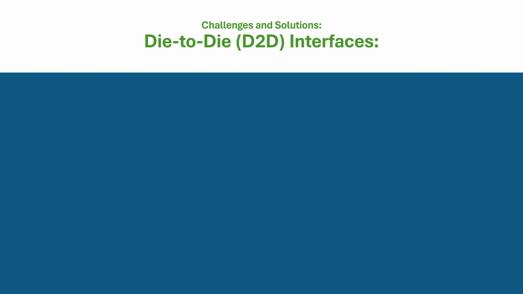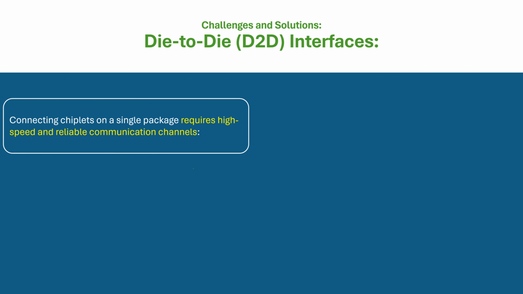So heterogeneous integration involves die-to-die communication. It means chiplet-to-chiplet communication, or in other words, die-to-die interfaces. Let's see what the challenges and solutions are. Connecting chiplets on a single package requires high-speed and reliable communication channels.